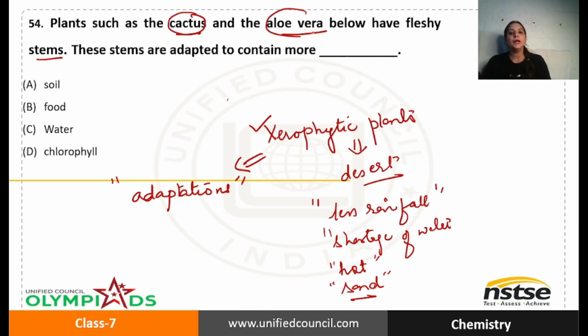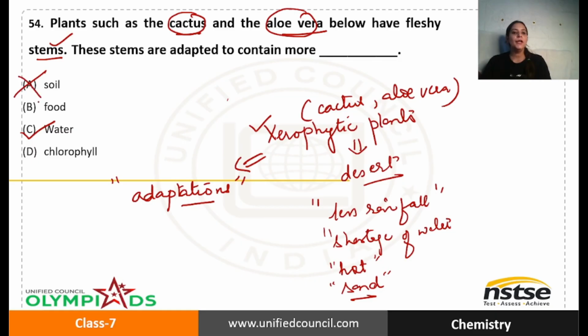Cactus and aloe vera are xerophytic plants, so they are adapted in such a way that they can survive well in desert areas. They have fleshy stems so that they can store more water in them. They can survive even when there is very little water, so they have fleshy stems for storing water for use.